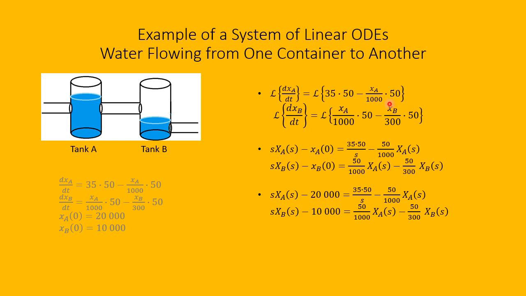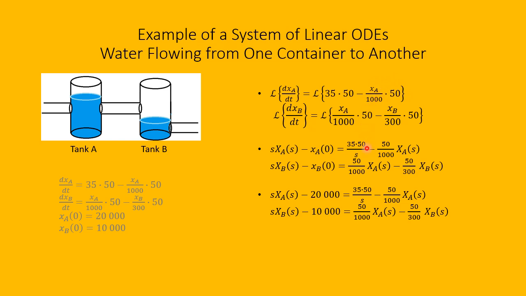Okay, so then let's see what happens. The Laplace transform of this derivative is just going to be s x sub a of s minus x sub a of 0, little x sub a of 0. That was using our formula for the Laplace transform of the first derivative of a function. Then take the Laplace transform of this right-hand side term by term.